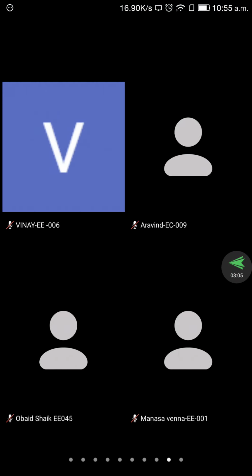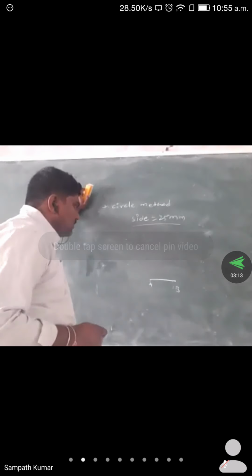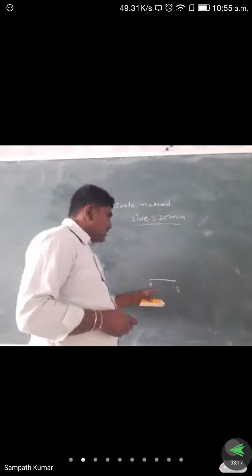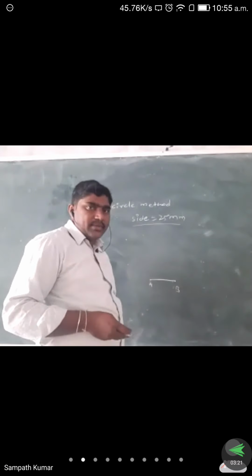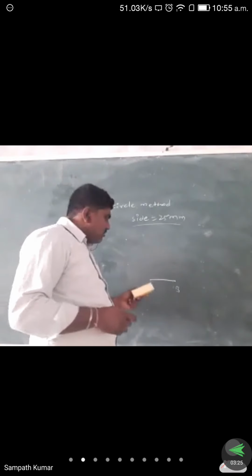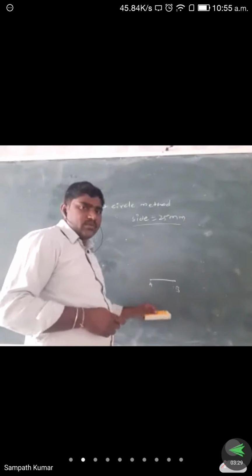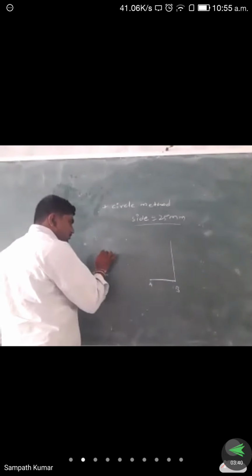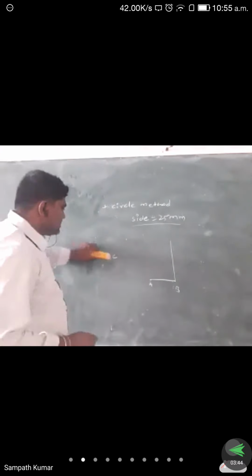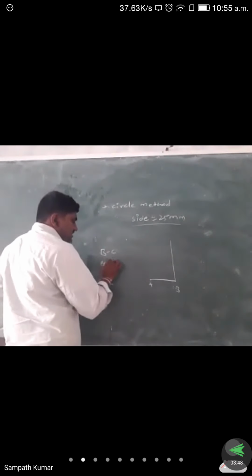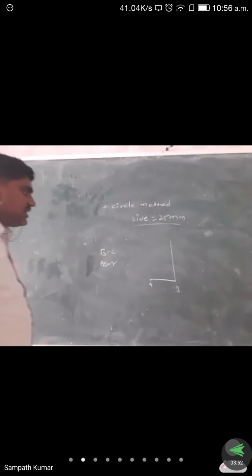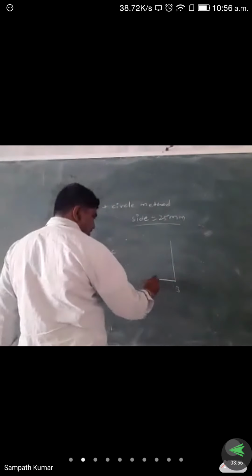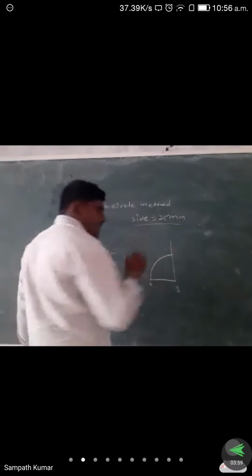AB is equal to 25. Then we have to draw the perpendicular line passing through either A or B. Perpendicular line can be drawn from A or from B, there is no problem in this. Now I draw the perpendicular line from B. Next, B as a center, AB as a radius, draw the arc.